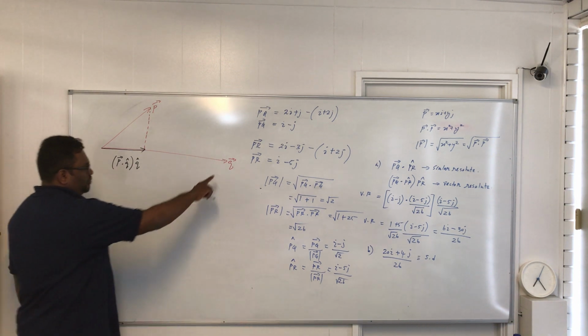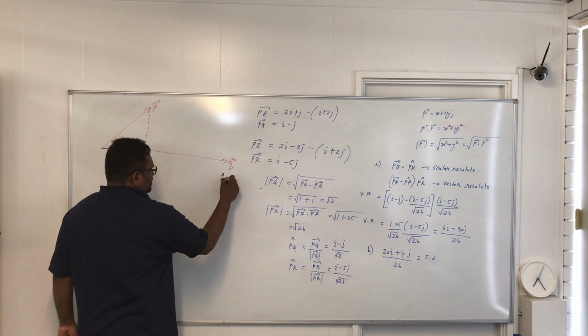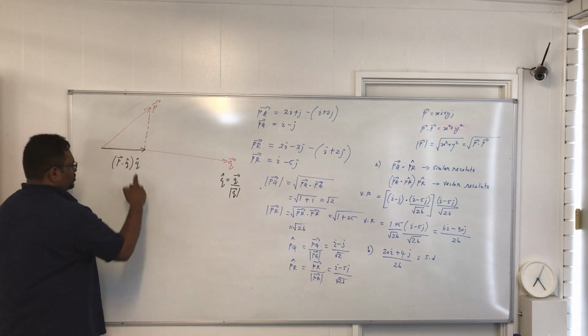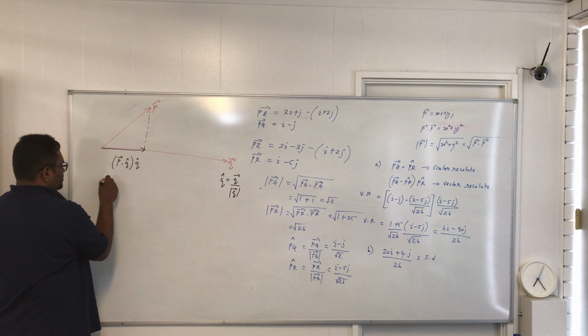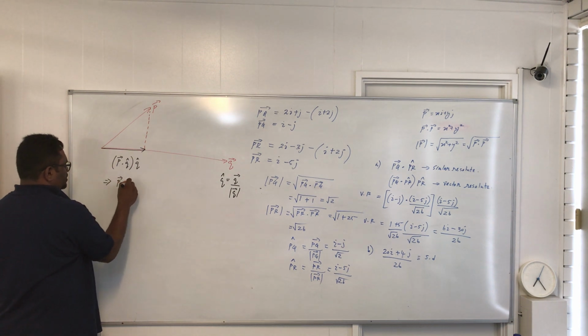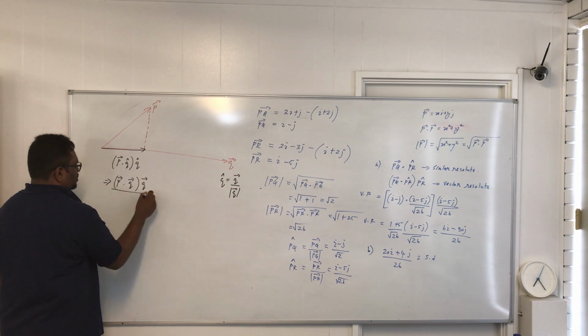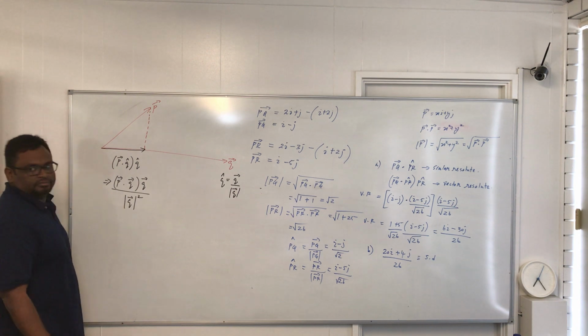But Q hat is nothing but Q vector divided by Q vector magnitude. So you can put this here. So it's Q, the whole thing divided by Q vector square.